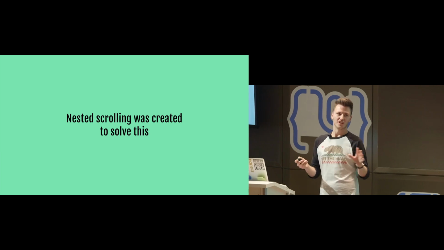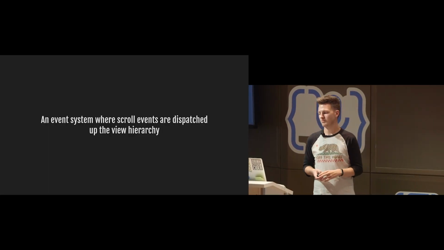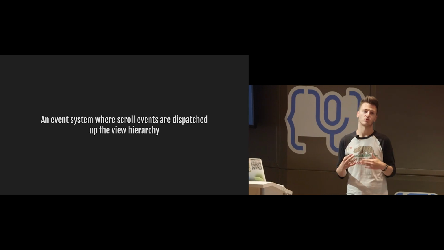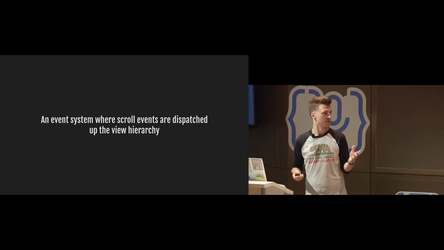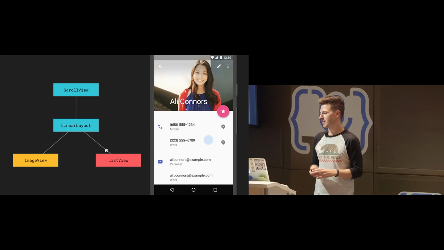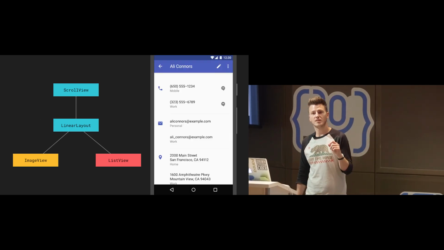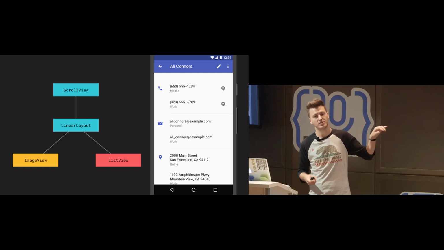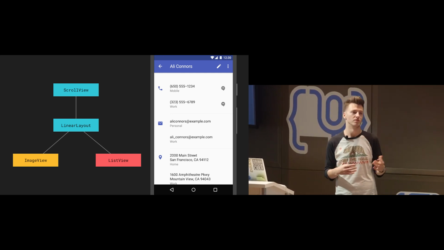So I've just mentioned the word, but what actually is it? Well, it's an event system. That's all it is, where scroll events are dispatched from the scrolling view up to its parents. So it's easy to look at an actual diagram. Here we've got that same video, and as it scrolls, the ListView is pumping events up to its parents, and the parents can choose whether or not to observe or consume them.